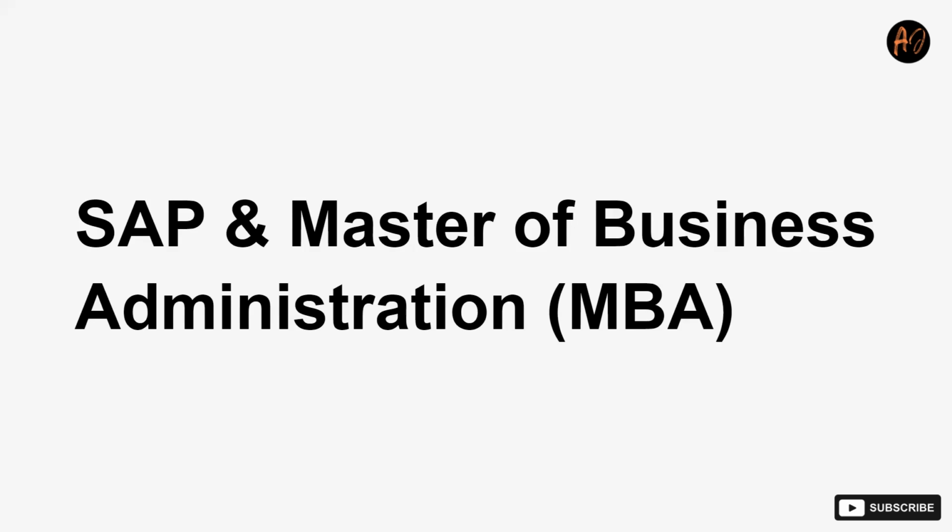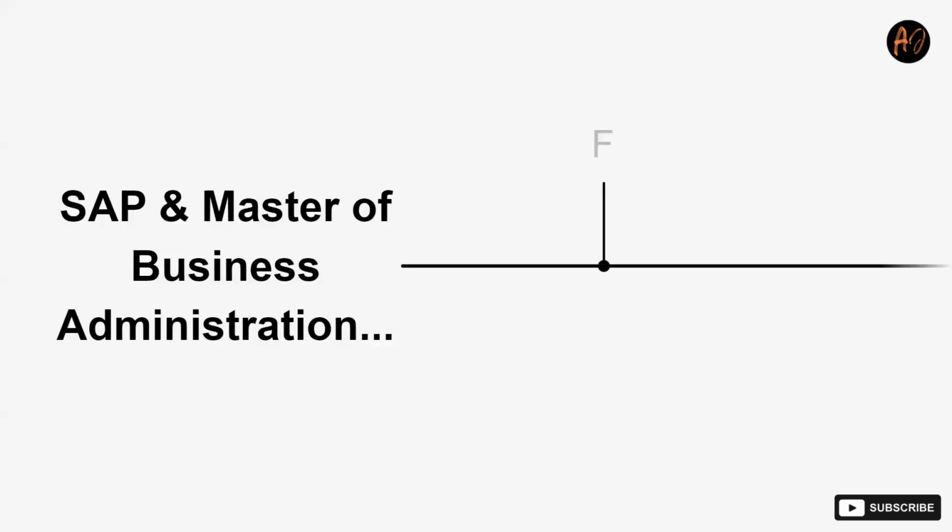Let's kick off this video with SAP and the Masters of Business Administration and the various options that you can choose. As I told you, the first important option that I'm going to discuss is for the freshers.